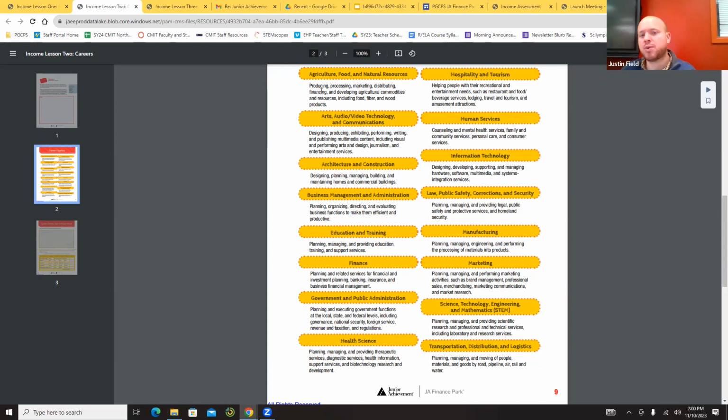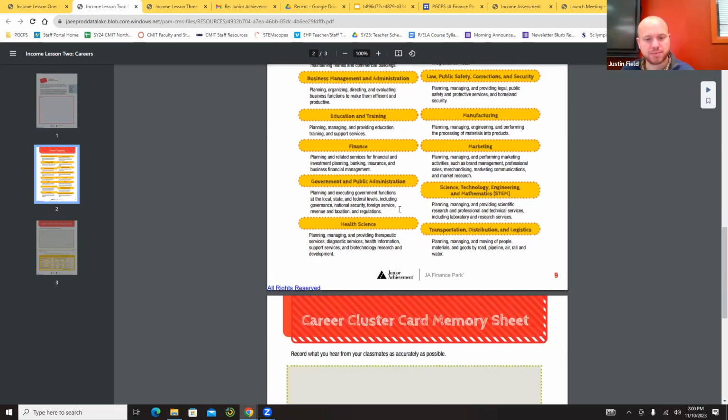But it takes a lot more than just that guy to have that industry fully functional. It takes the processing plant. It takes marketing to get those things sold and to the people that need them. Distributing, it takes the actual transportation. Financing, we need other people looking at the money. And so you can see each career cluster involves a team of different types of jobs working together to make whatever it is happen.